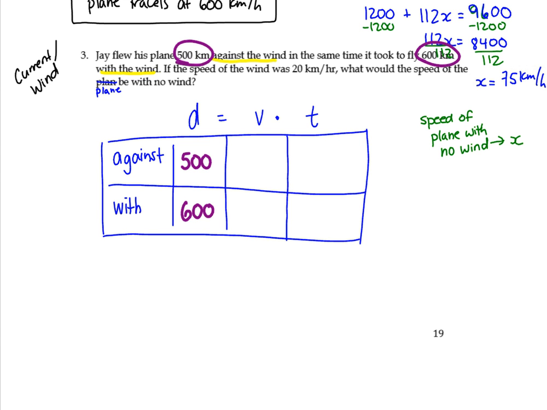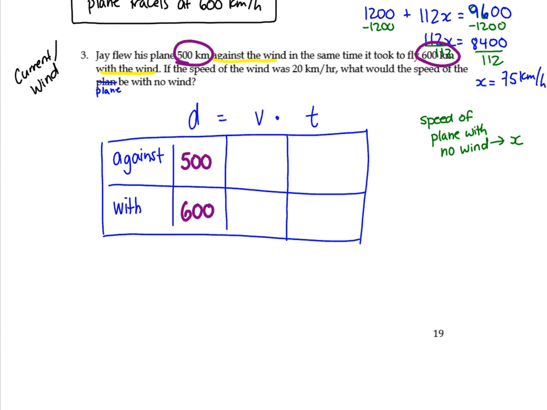Because we're looking for speed, we have categories against the wind and with the wind, but do we have a category of no wind? No. But somehow this variable x, we should be able to put into speed. They tell us that the speed of the wind is 20, right?